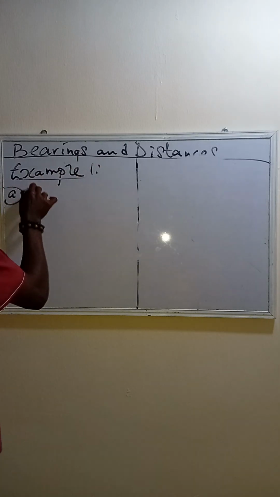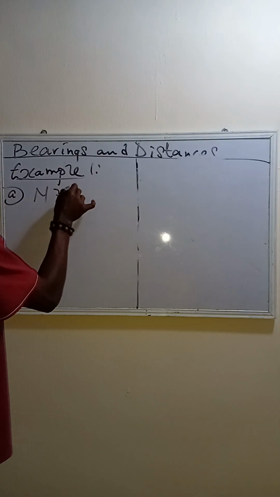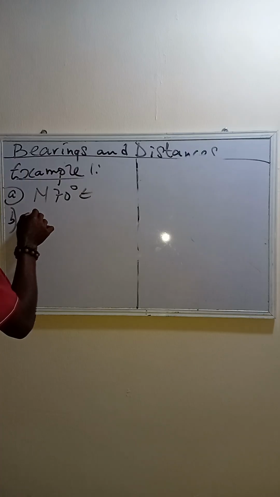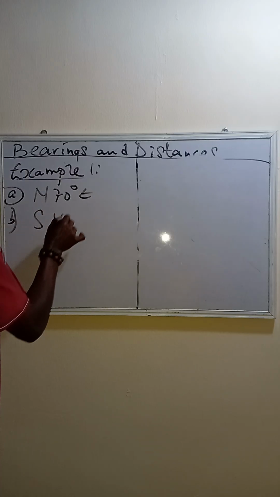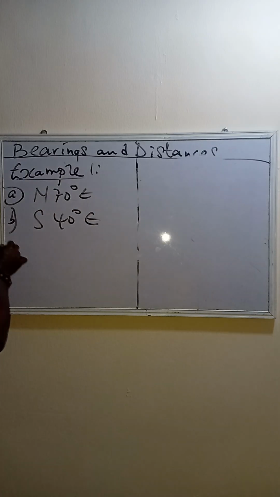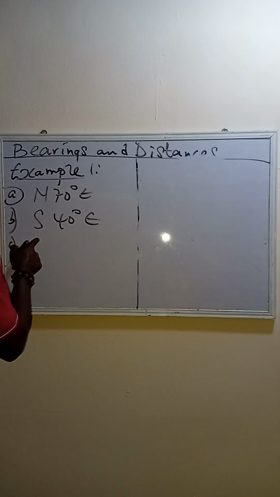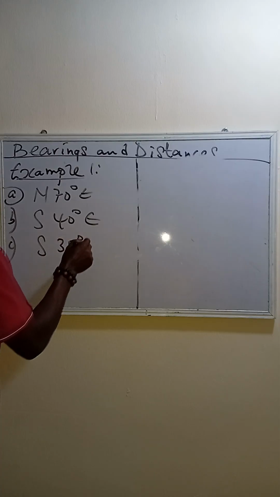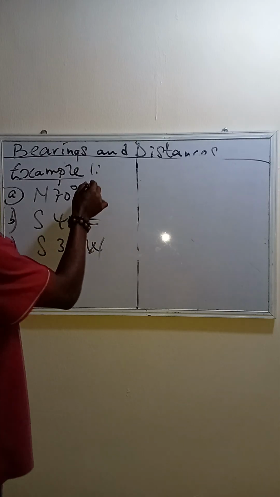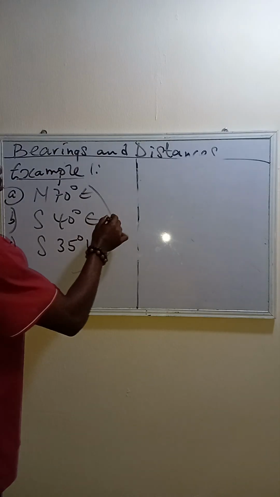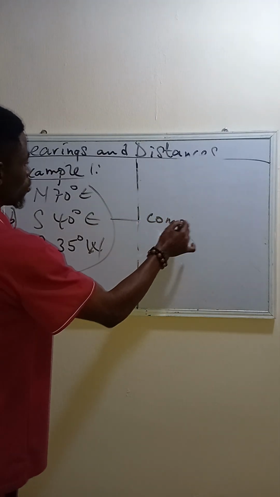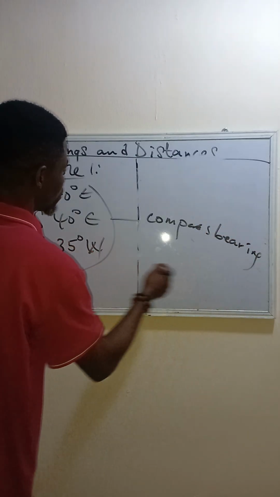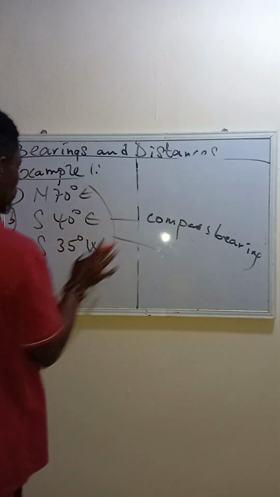Let me say A is north 70 degrees east. Then B, we have south 40 degrees east. Then C, we have south 35 degrees west. These are the types of compass bearing that we have, and I told you that the pilot, the sailor and the surveyor make use of compass bearing.